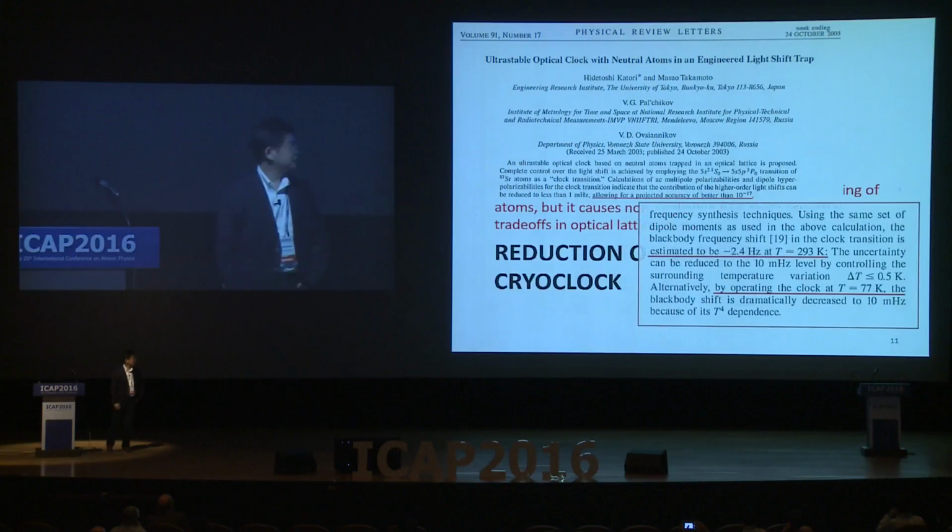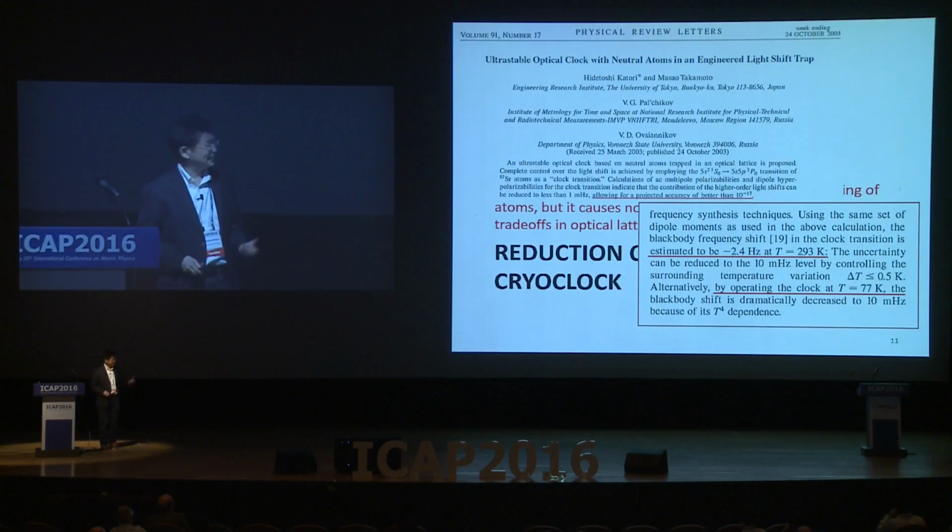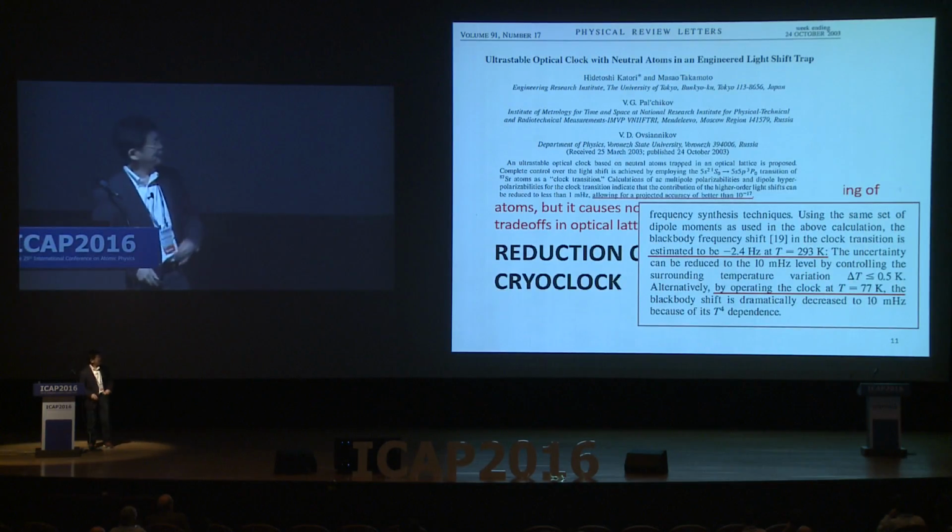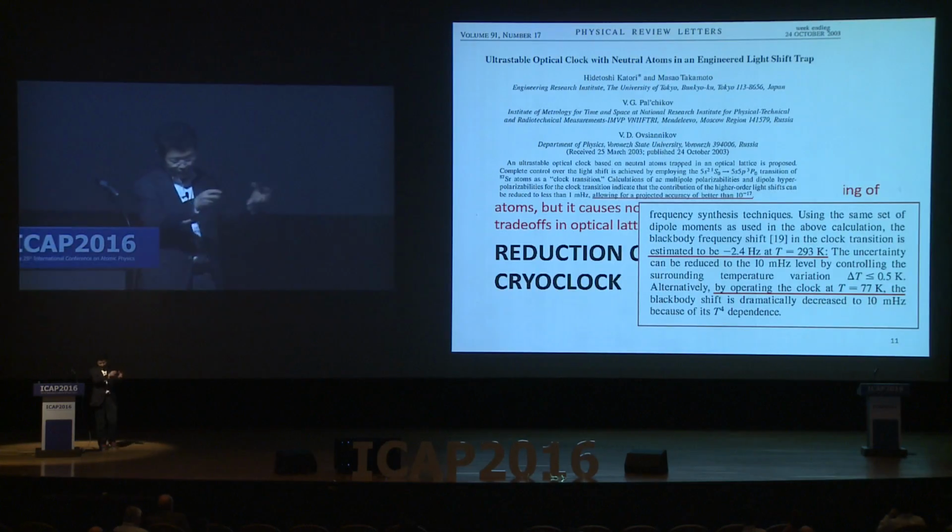This is because of the blackbody radiation shift of 2 Hz at room temperature. I didn't imagine a very precise control as done by Junye at this point. So I thought that another strategy is to reduce the environmental temperature down to 100 K, for example. This is what we are doing now.